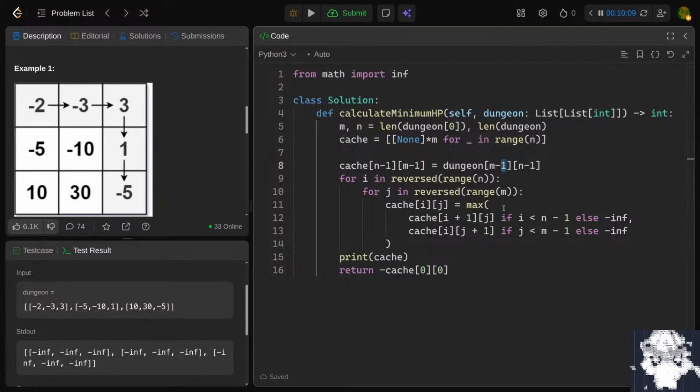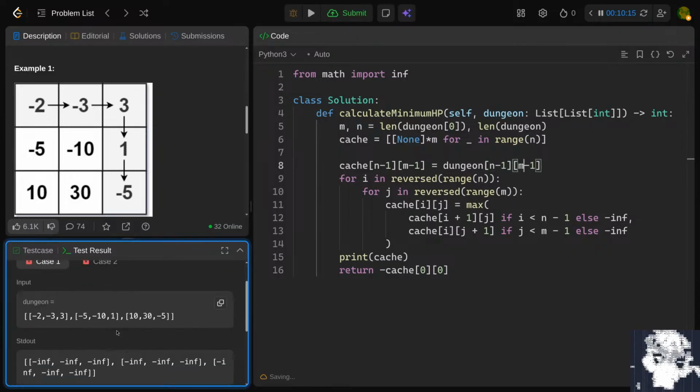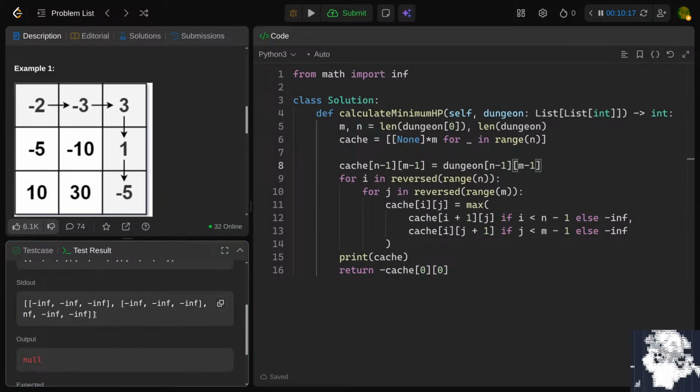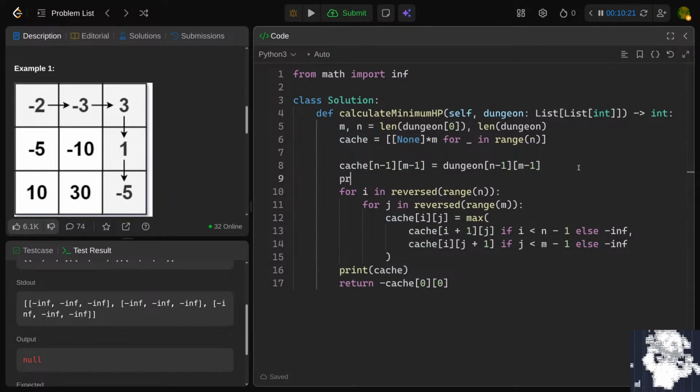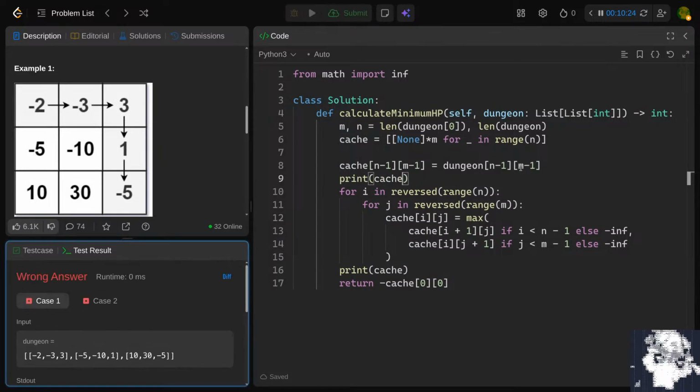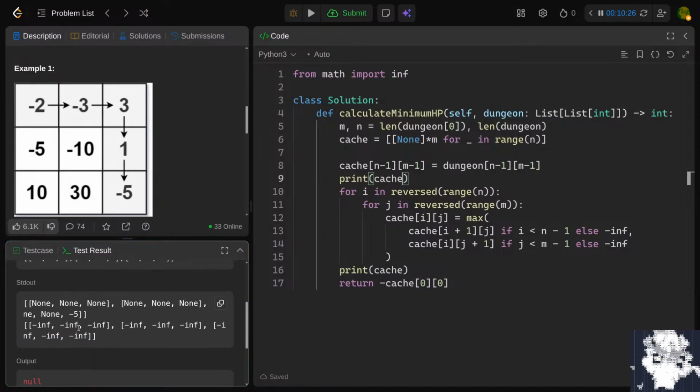Wait, I've switched m into n here. This should be n, this should be m. They're the same number, so I don't... But everything is negative infinity, so my cache didn't even get a value here? Print cache. Yeah, it starts with -5 and then it gets replaced.